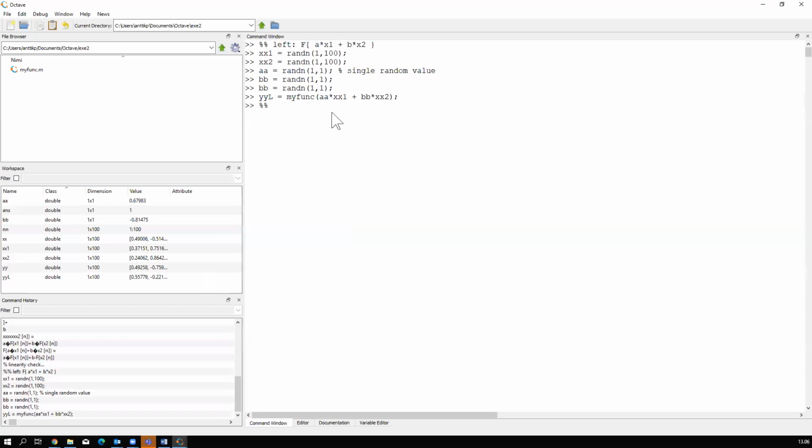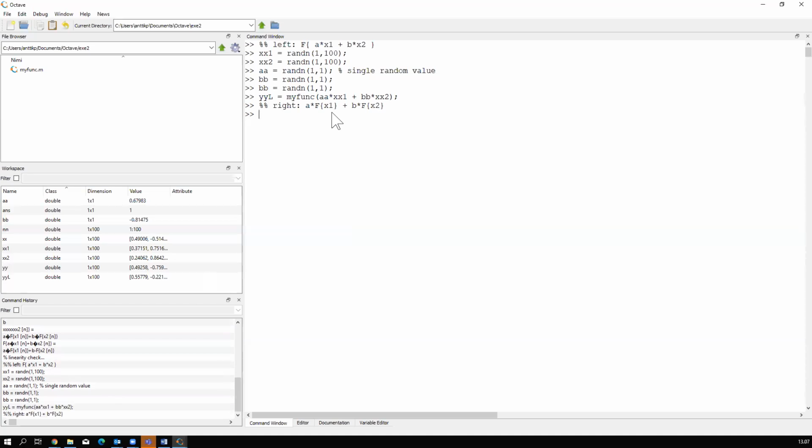The right-hand side of the equation was a times function with the input x1 plus b times function with the value x2. And that would be YYR.